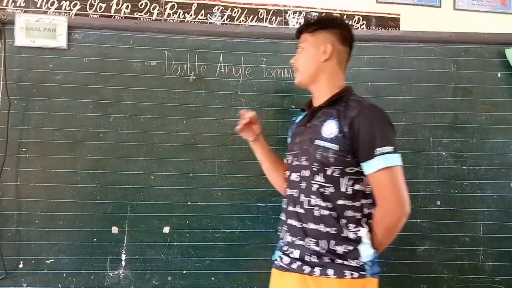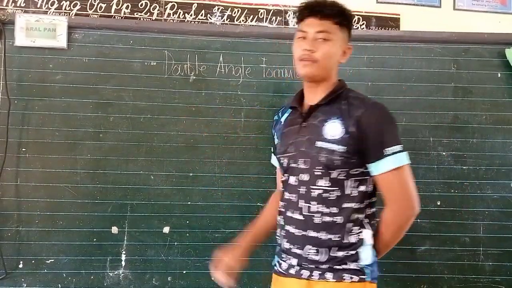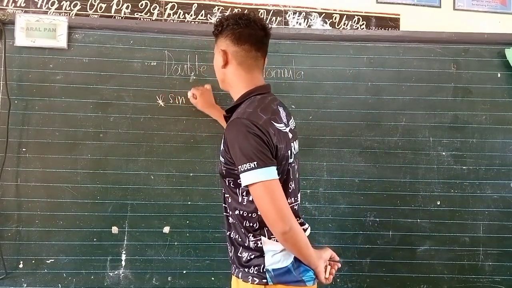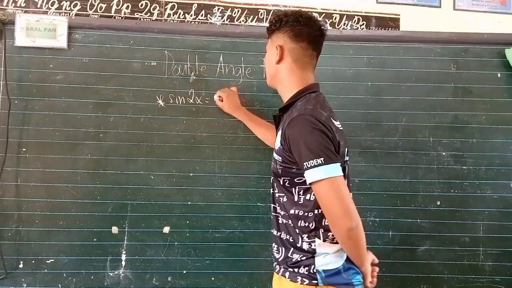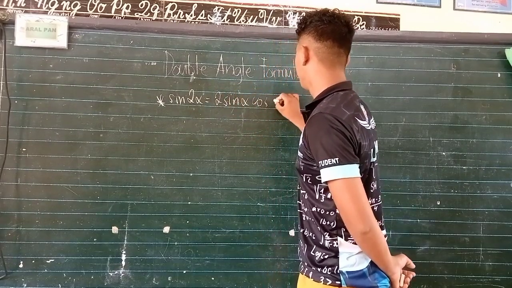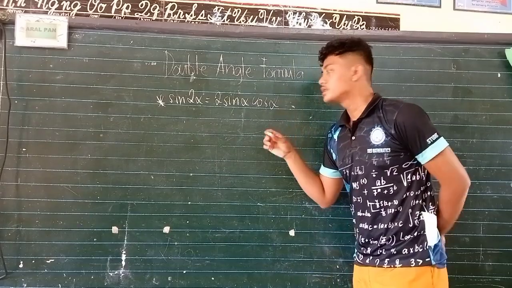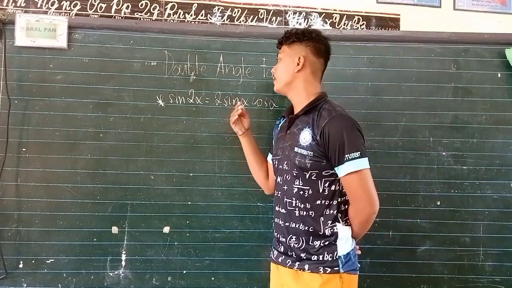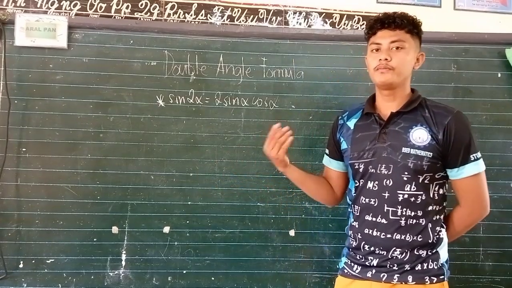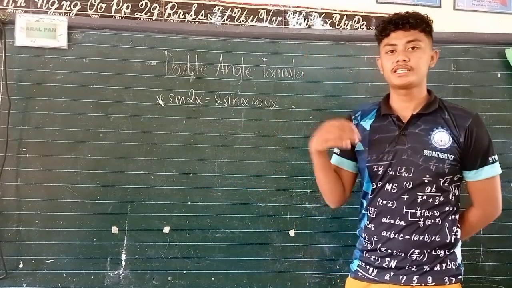So to start our derivation, the first formula for the double angle is the sine. Sine 2 alpha is equal to 2 sine alpha cos alpha. To prove this formula, we can use the addition formula of the two angles of the sine.